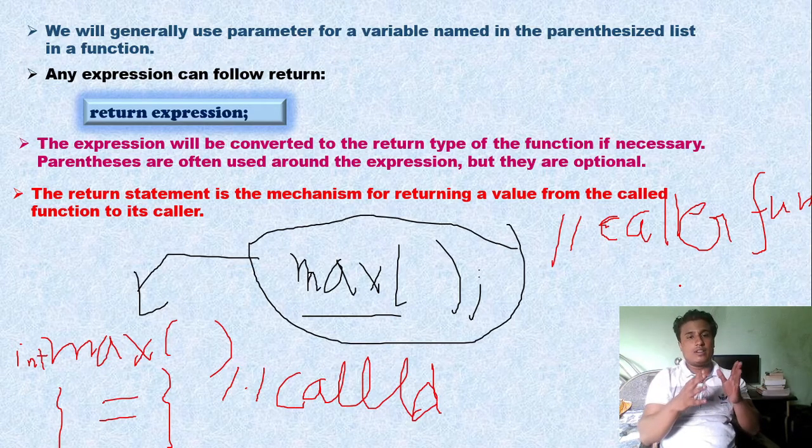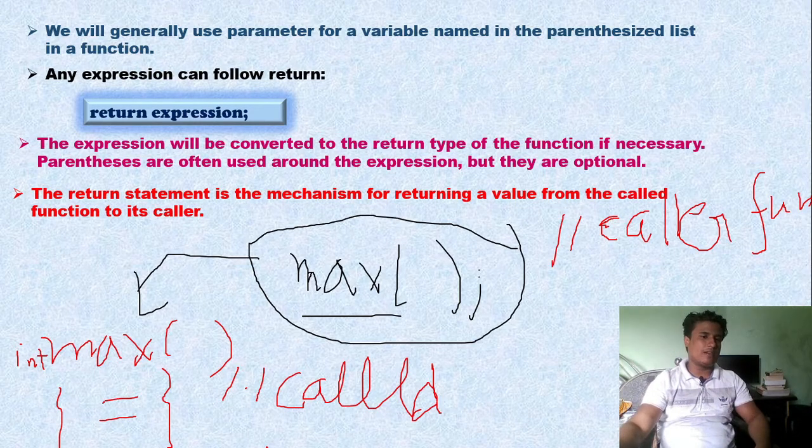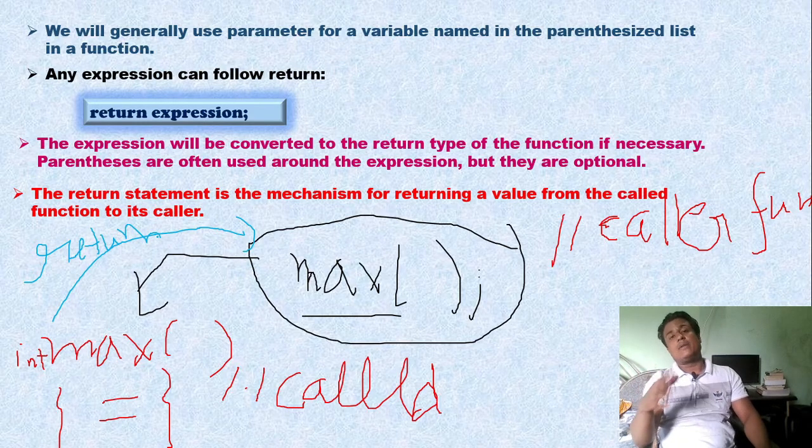So the return statement is the mechanism for returning a value from the called function to the caller function. This is the way return works. Hope it is clear now. If you have any doubt, it will be cleared when I move into the coding part, or otherwise please ask me in the comment section.